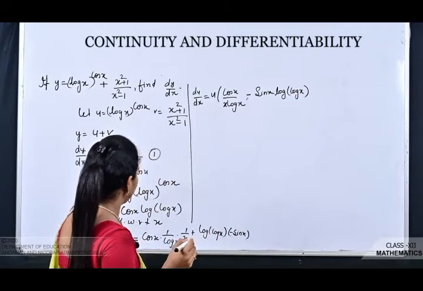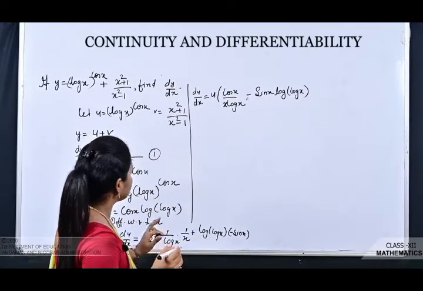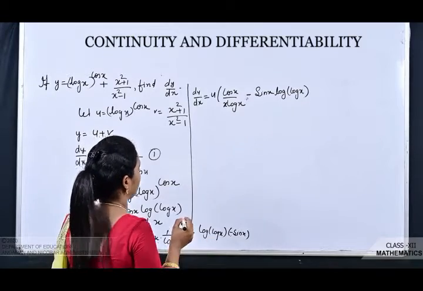So du by dx is equal to u into cos x by x log x minus sin x into log of log x.